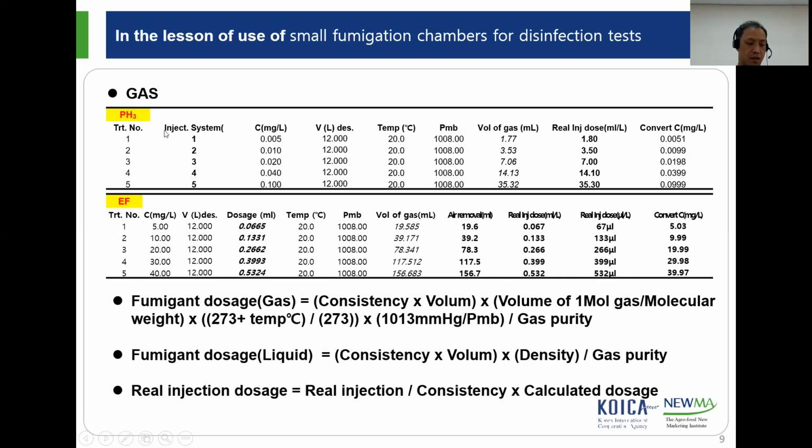This is from the lesson of use of small fumigation chambers for disinfection test.